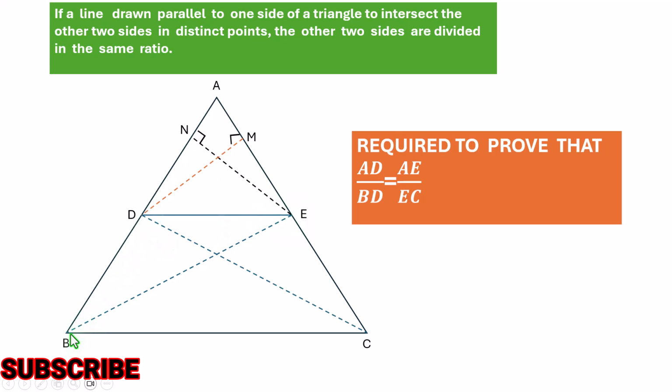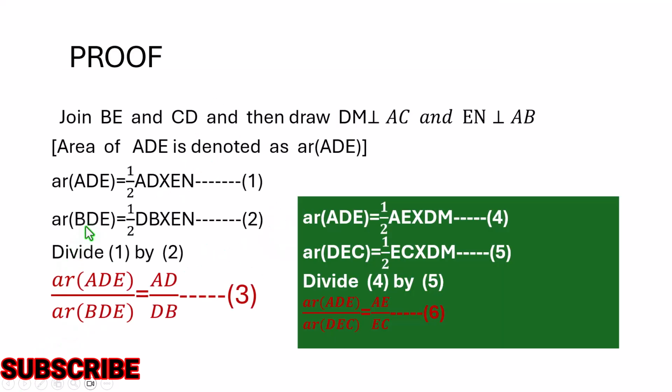So area of BDE is equal to half into BD into EN.